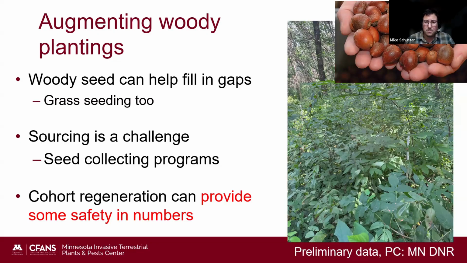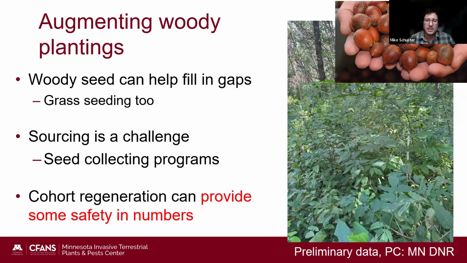Our experiments have basically contracted out seed collection work where we've hired people to go out and just get seed for us. And that's how we've sourced some of our species. And there are some benefits to this approach as well, that filling in areas with woody seed might provide some safety in numbers against herbivores, right?